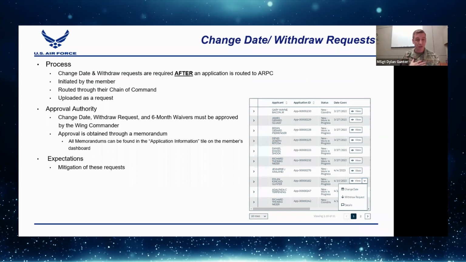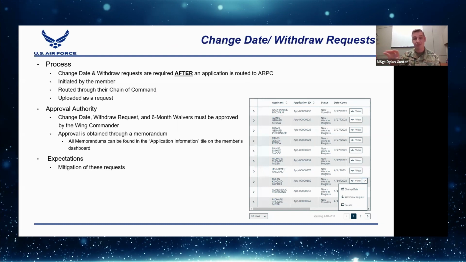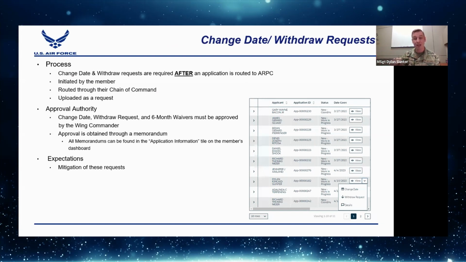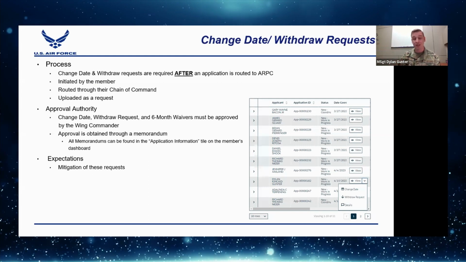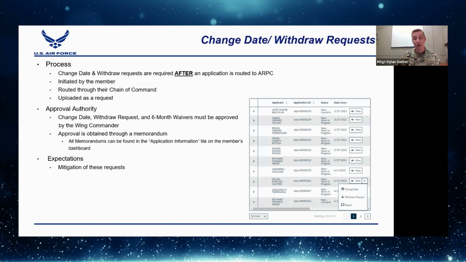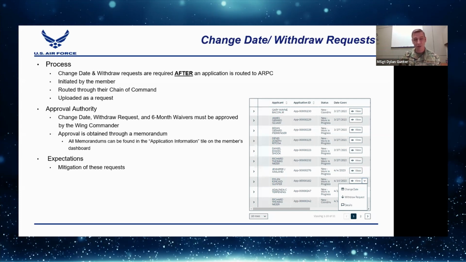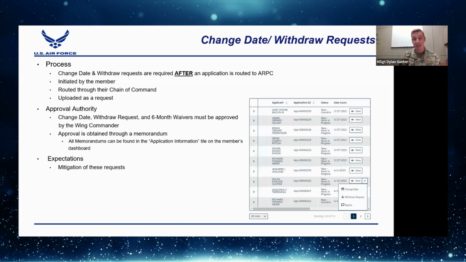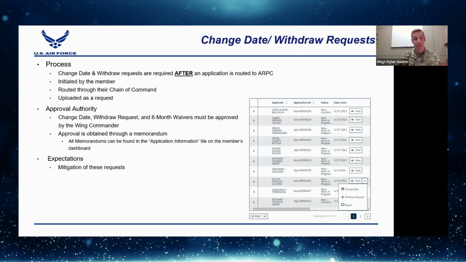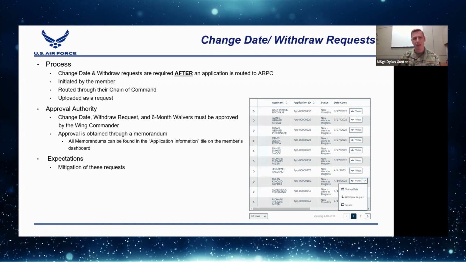And now we need to change that retirement effective date or withdraw the retirement request completely. So if I'm a member, I need to go to my dashboard, the myFSS area, figure out the waiver information by clicking on the waiver process, getting the template that's provided within that section, and then routing it through my chain of command. And this is important. Although the application itself has an approval authority for the recommendation, that is only for the member's commander.